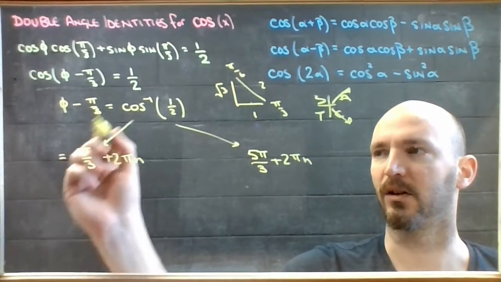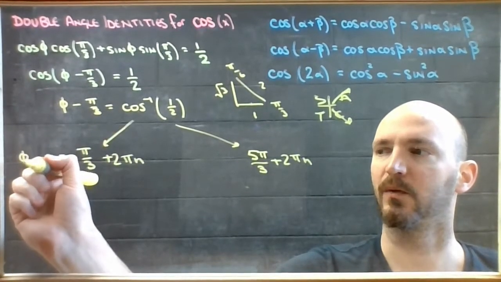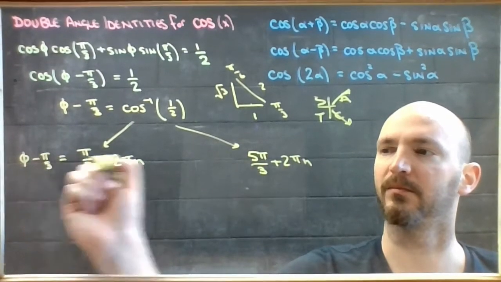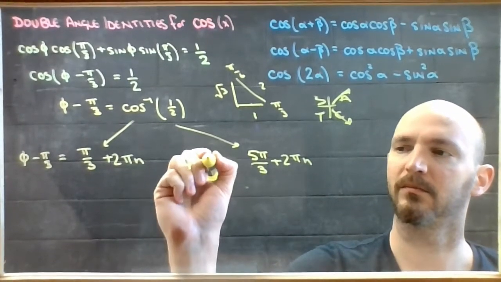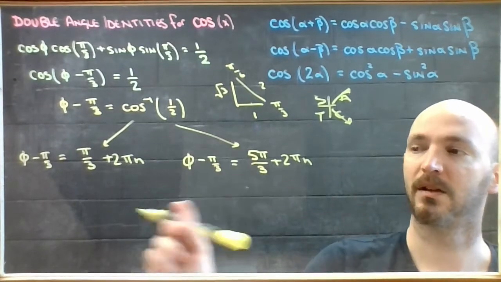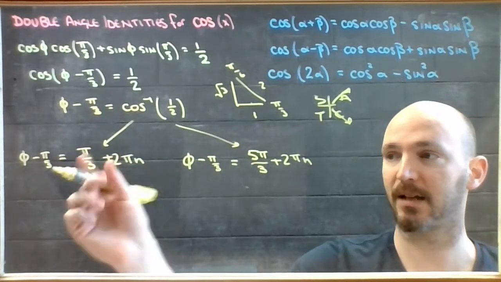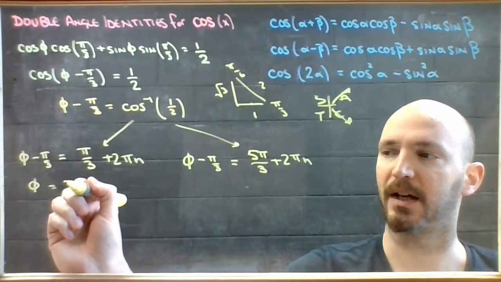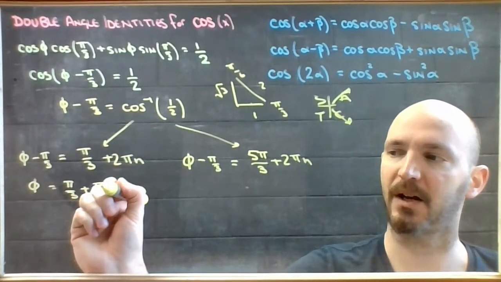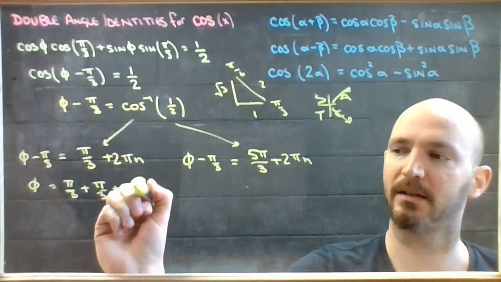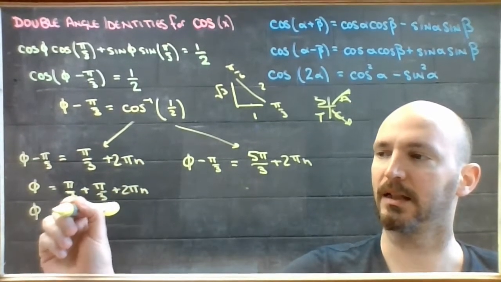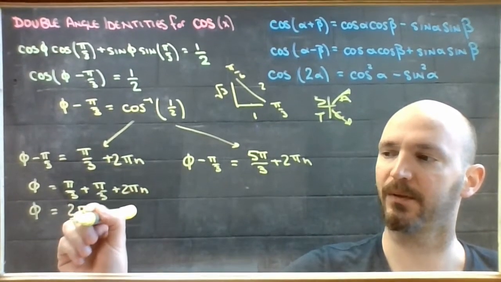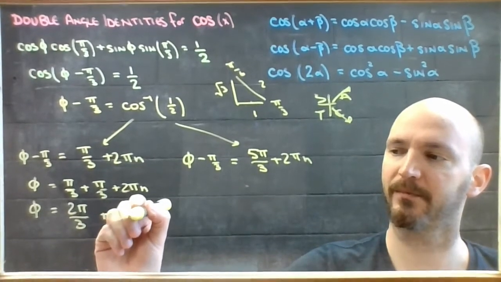And these are, of course, equal to phi minus pi over 3. So I'm just going to solve on this side, add pi over 3 to each side. Pi over 3 plus another pi over 3 plus 2 pi n is 2 pi over 3 plus 2 pi n.